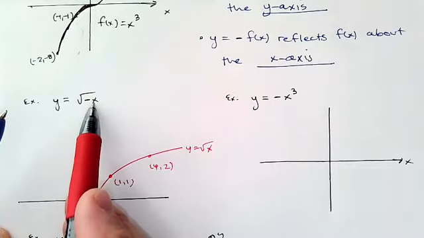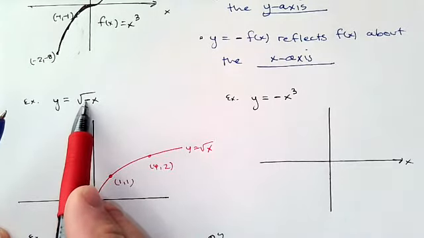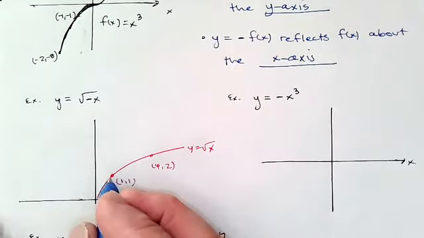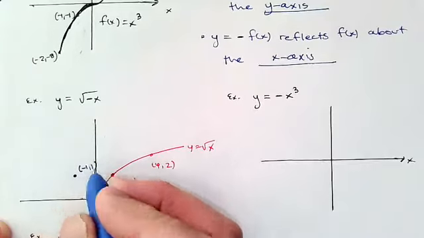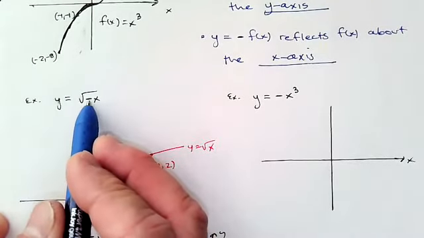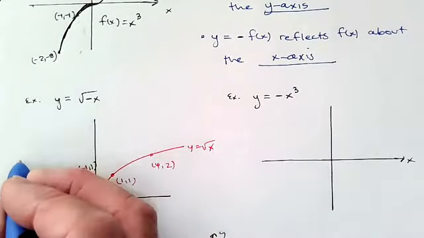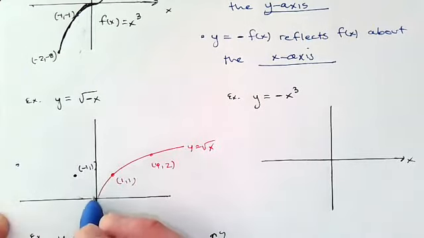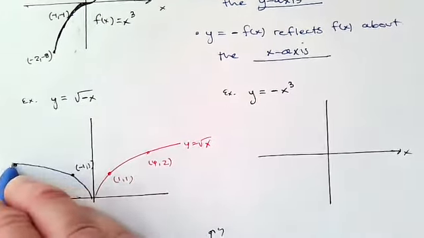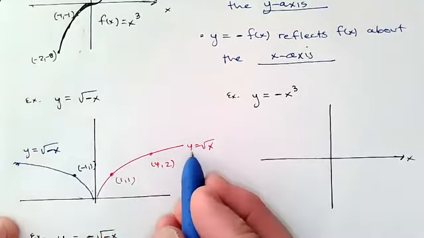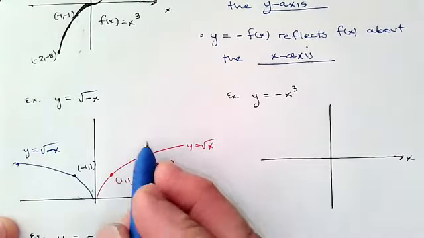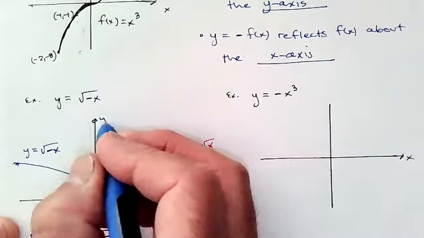But the idea now is I can plug in -1 for x because I'm going to multiply that by negative and it's going to become +1. So instead of (1, 1), what I'm going to have is (-1, 1). If I plug in -4 and then apply the extra negative, then that's going to come out to be 2. And so, yes, as discussed, your parent graph essentially can be thought of as being reflected over the y-axis.